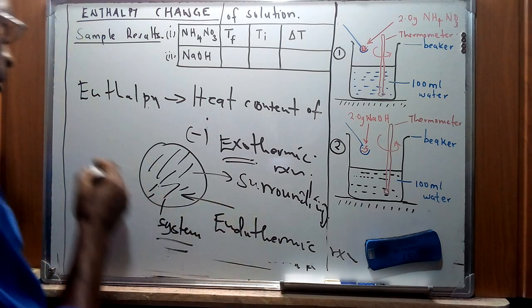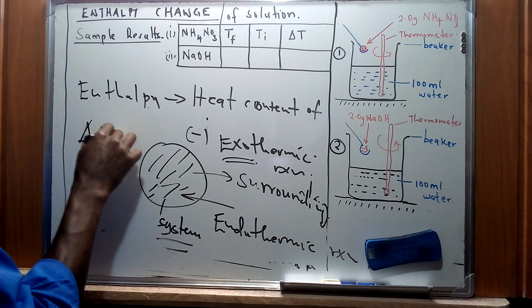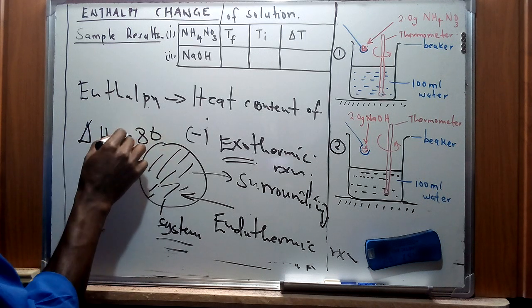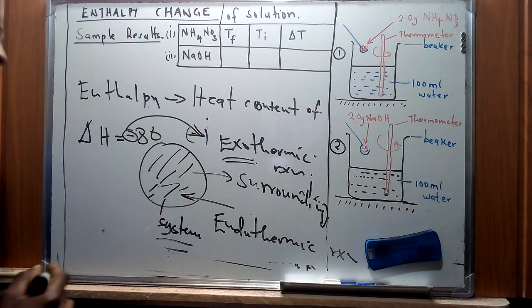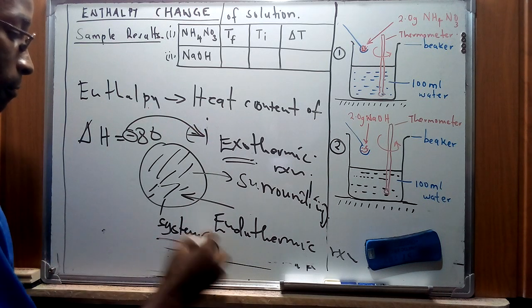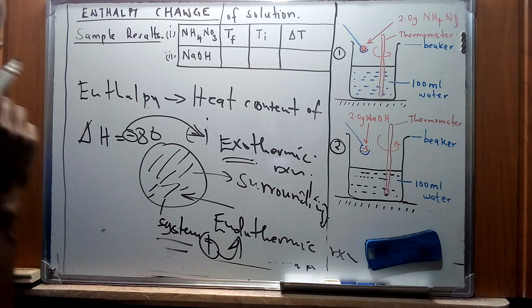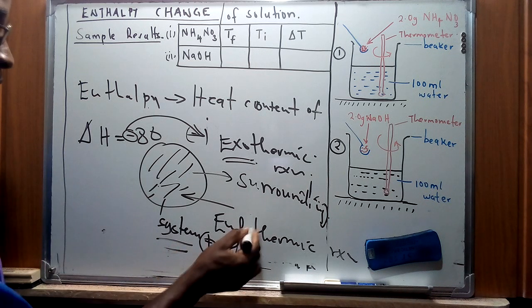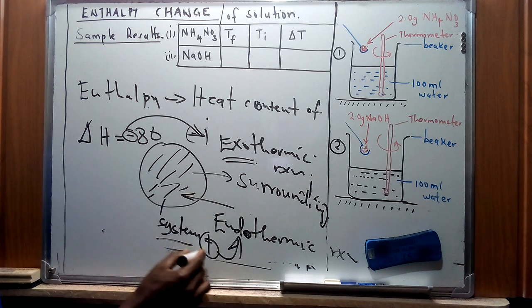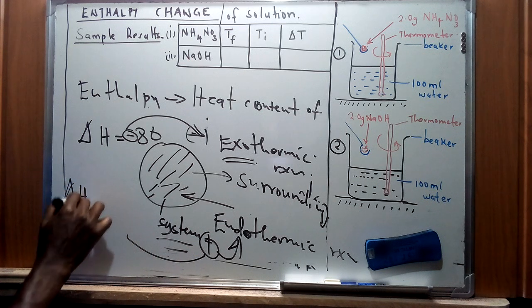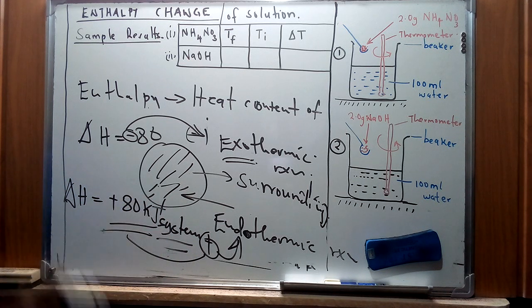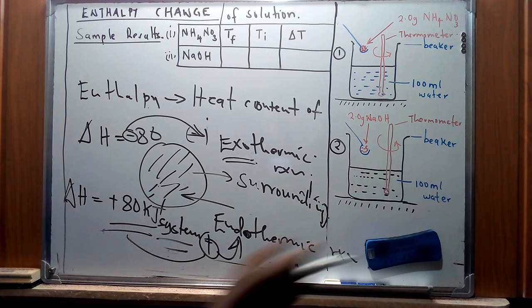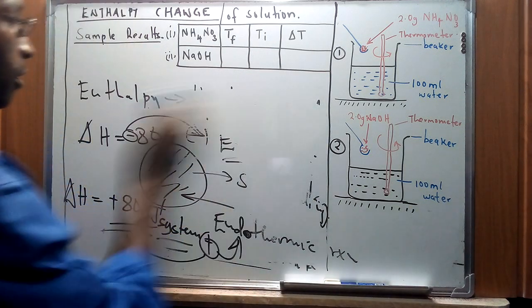So if I give a delta H of negative 80, this implies that the reaction is exothermic. If I give it a positive sign, then the reaction is endothermic, heat is being taken into the system, and that is noted using positive 80 kilojoules. That is a short summary of what we have discussed.